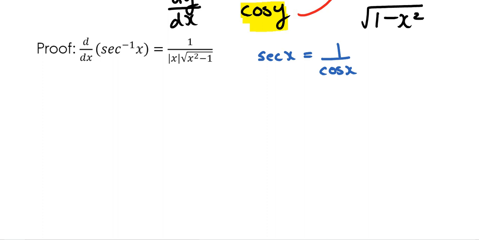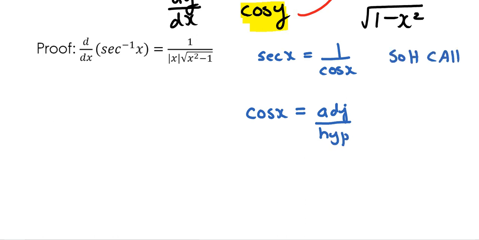And the reason why that's important is because the trig ratio for cos x when you're dealing with right angle triangles is that cos x is your adjacent over your hypotenuse. If you remember your SOHCAHTOA, the cos ratio is your adjacent over your hypotenuse.